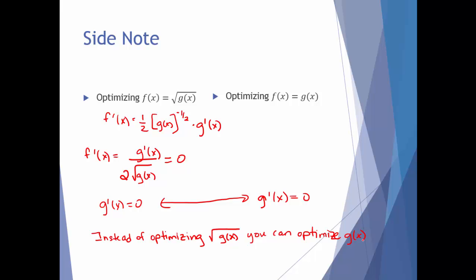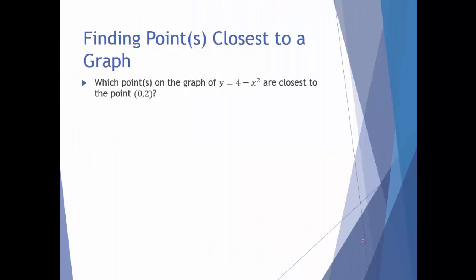Let's take a look. We want to find the points on the graph of y equals 4 minus x squared that are closest to the point (0, 2). This is another type of problem where you're given a graph and you're trying to find points on that graph close to a given point. So let's start off the same way we've started off the other ones.